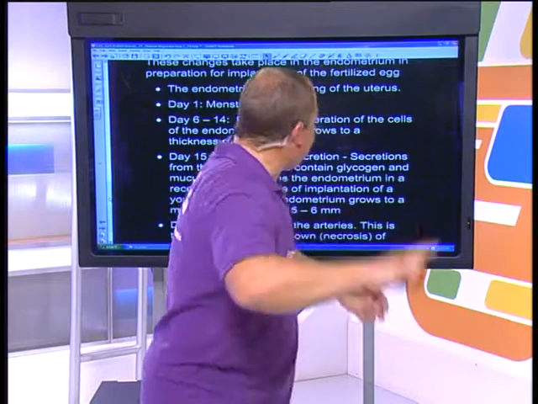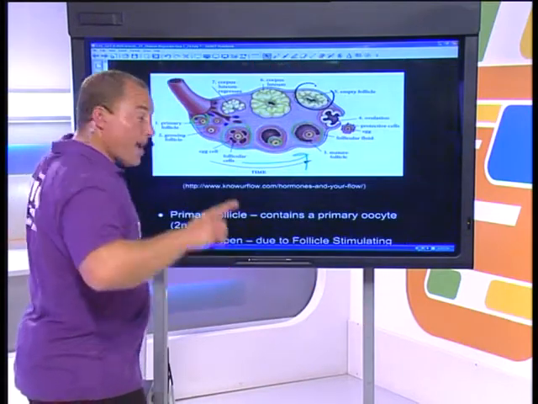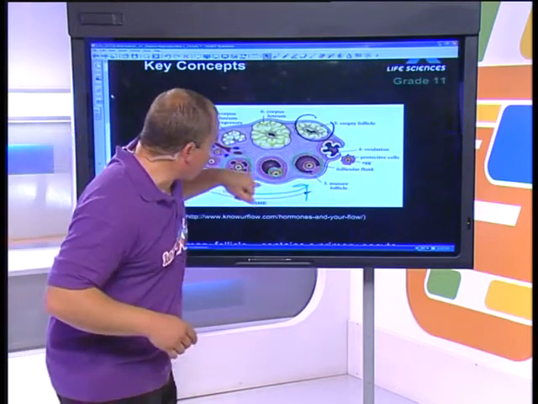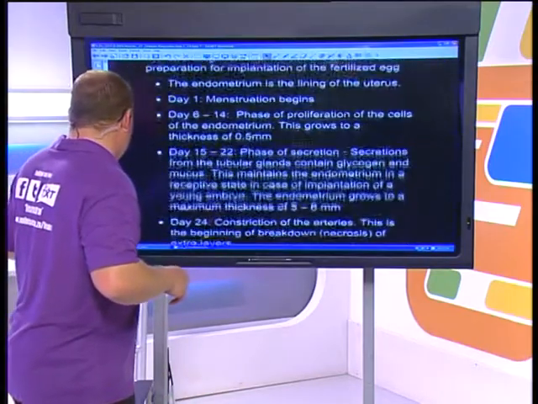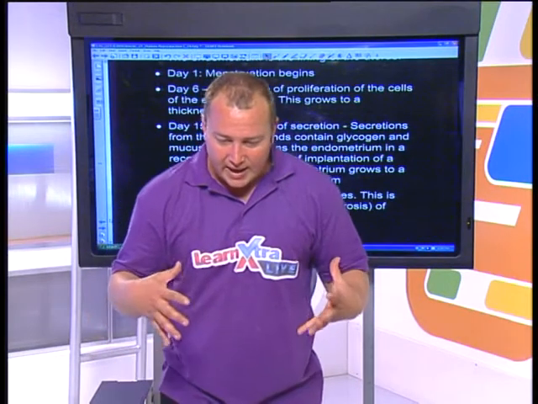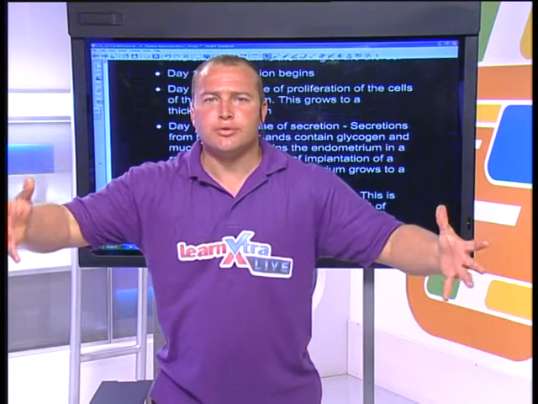Do you understand? And day 1 is when FSH is produced. Okay? So this is happening while you're bleeding. So day 1 is when you start bleeding. Now, in humans, we like doing things like the average.